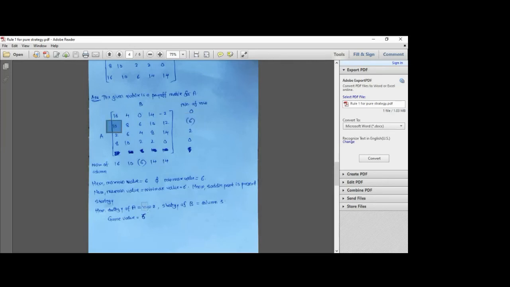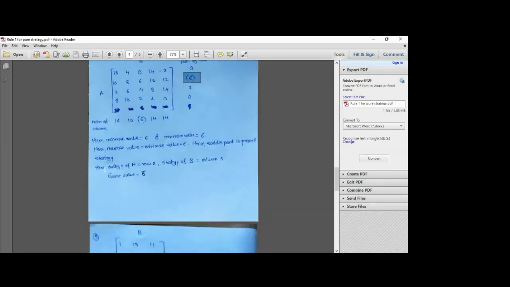So the strategy for A will be playing row 2, and the strategy for B will be playing column number 3. The value of this is nothing but 6, and we have written that here. So the game value is equal to 6.